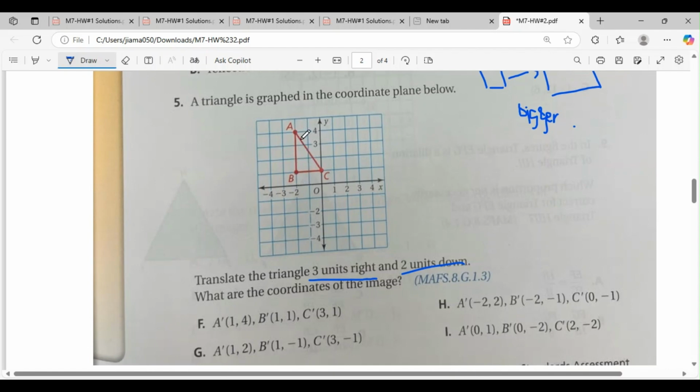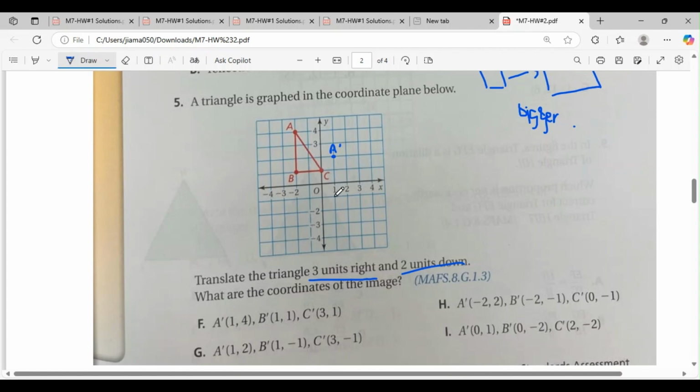3 units right. It's right here. Now -2 plus 3. So -1, 0, 1. Then 2 units down. 1, 2. It's right there. This is our A. Let's see B. 3 units right. 1, 2, 3. 2 units down. 1, 2.